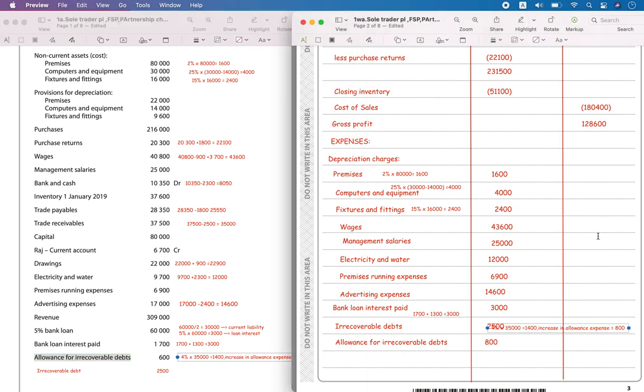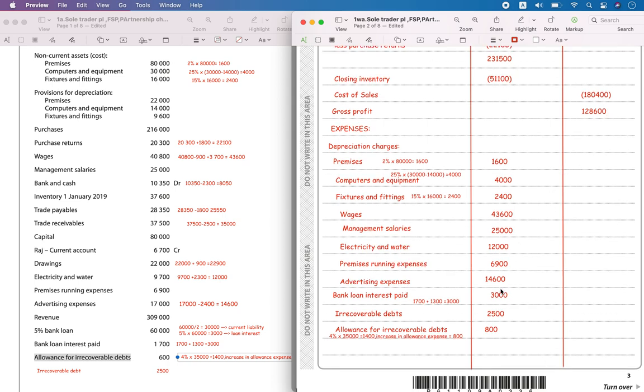Now finally we have to calculate the profit for the year. The profit for the year will be gross profit minus expenses.